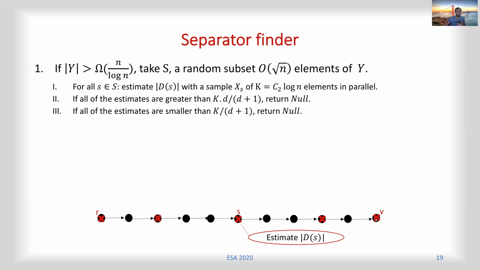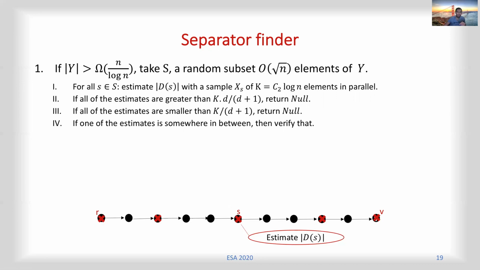If all of the estimates are less than k over d plus 1, we guess that the nodes on this path have too few descendants to include a near edge separator. And note that we also add r and v to the sample nodes, so our sample always includes the two ends of the path.